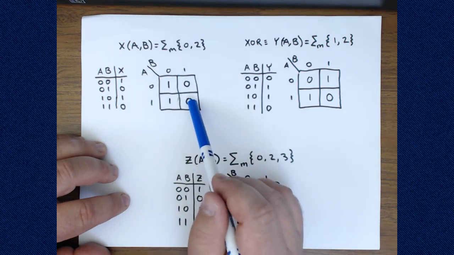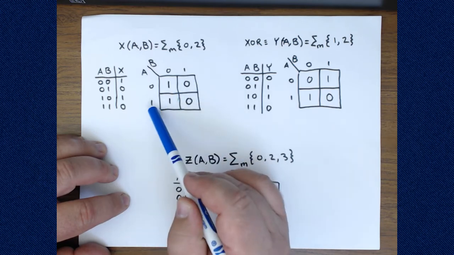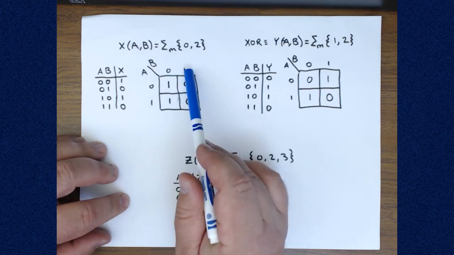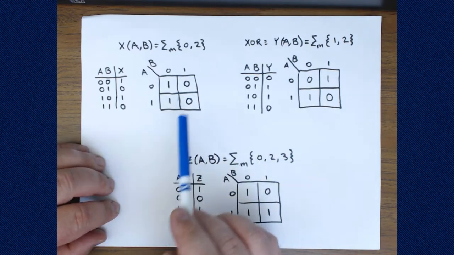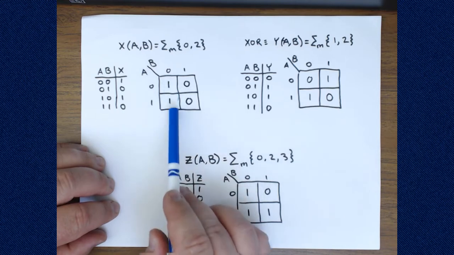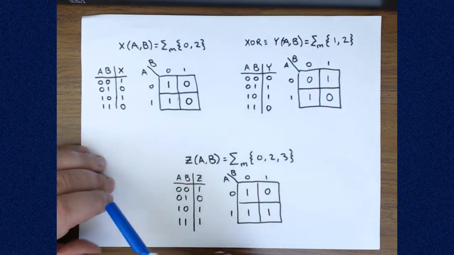So this cell down here in the bottom right is when A is a 1 and B is a 1, which is the 2-digit number 1, 1, or 3. So this is the cell for min-term 3. Here's the cell for min-term 0. Here's the cell for min-term 2, each of which should have a 1. Everything else has a 0.